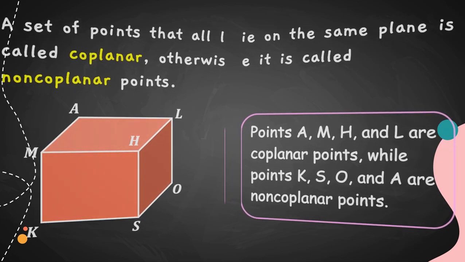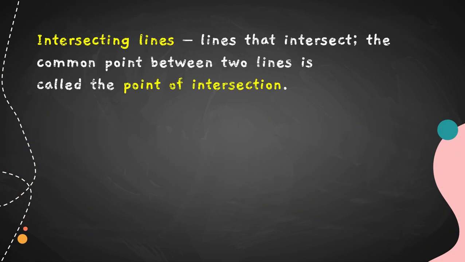Next, we also have intersecting lines. We had this last term, but more specifically, we talked about equations. But here in geometry, we will illustrate and give examples of intersecting lines. These are the lines that intersect, and the common point between the two lines is called the point of intersection. Please take note that if two lines intersect, they will intersect at exactly one point.